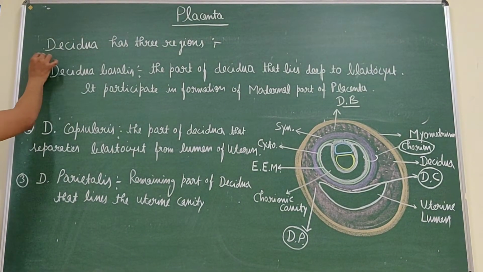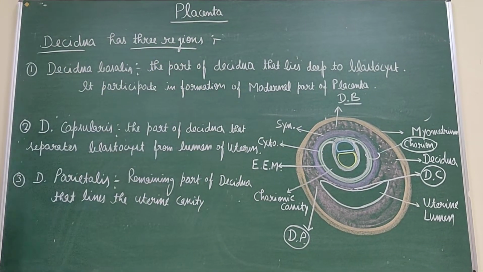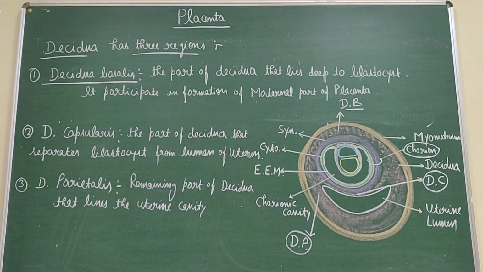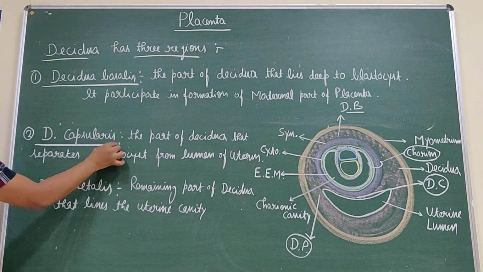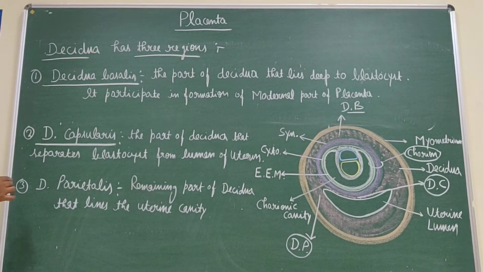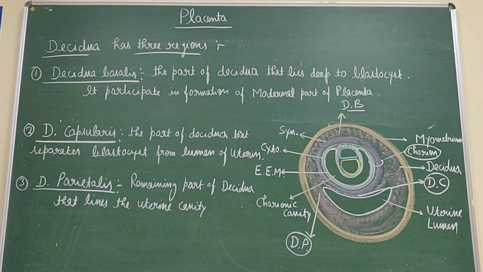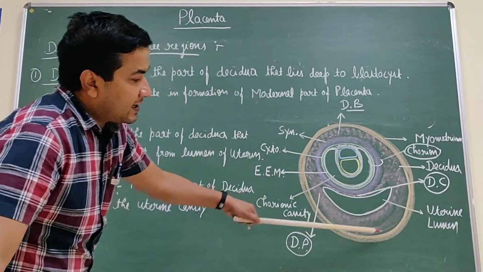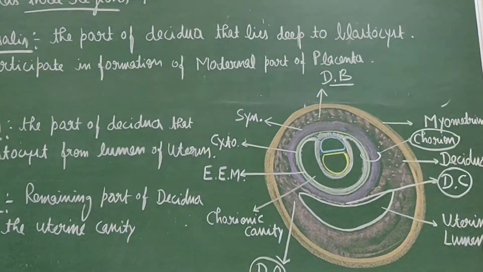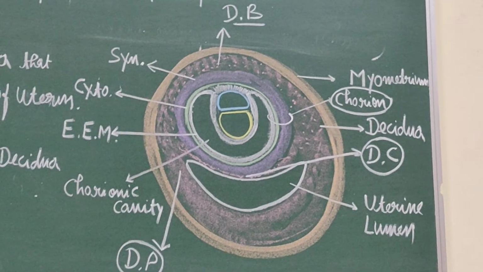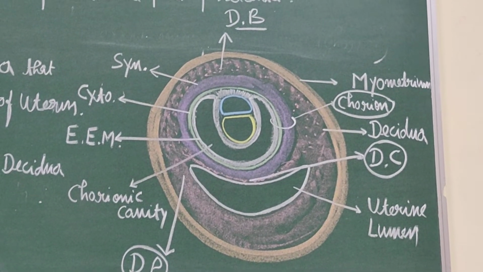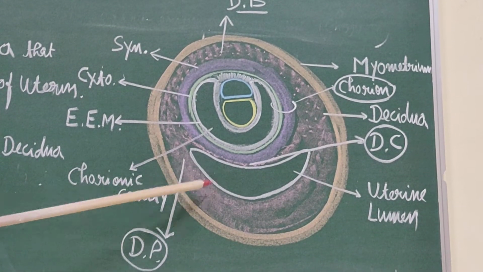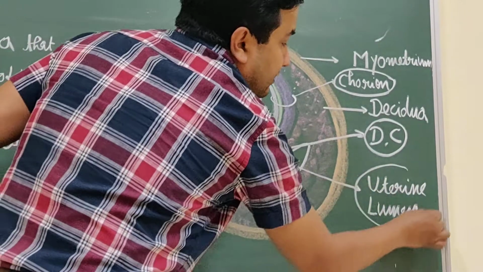Now, this decidua has three parts: the decidua basalis, decidua capsularis, and decidua parietalis. First of all, this diagram is the transverse section of the uterus showing the uterine lumen.